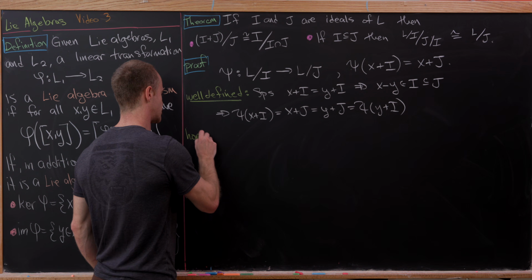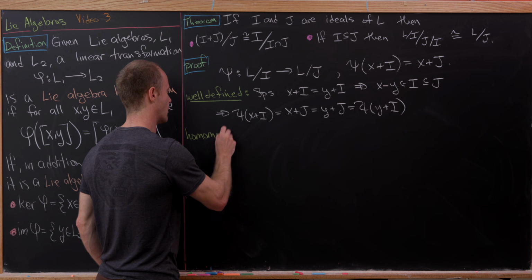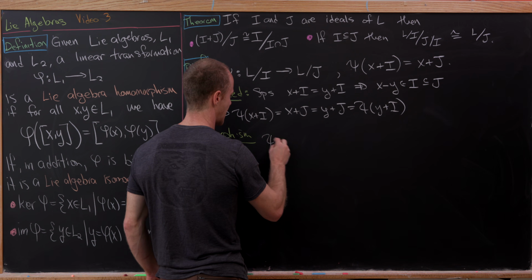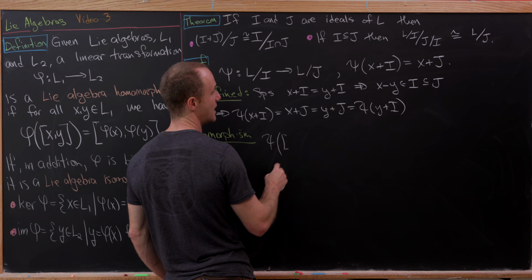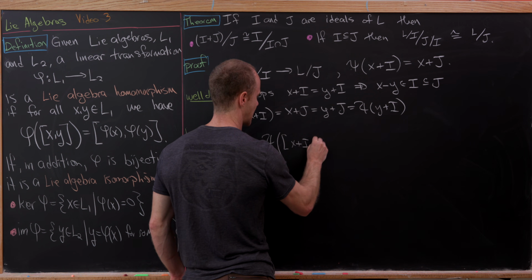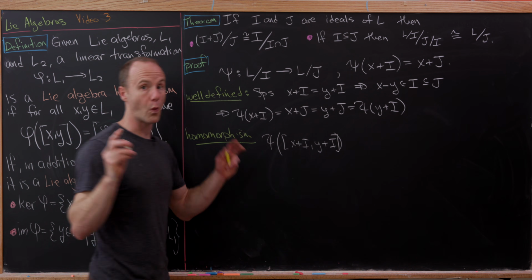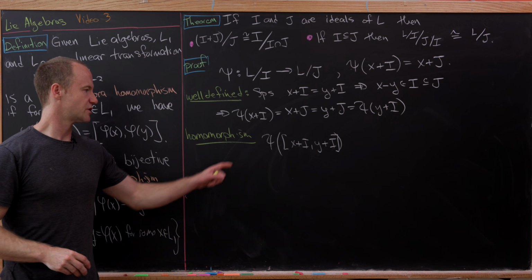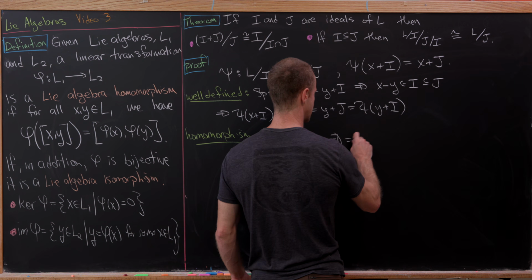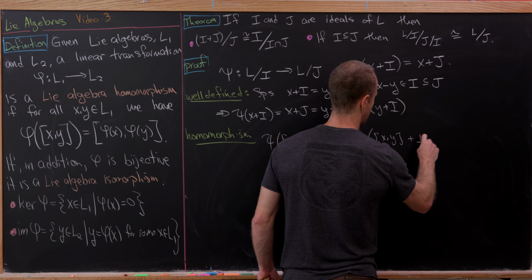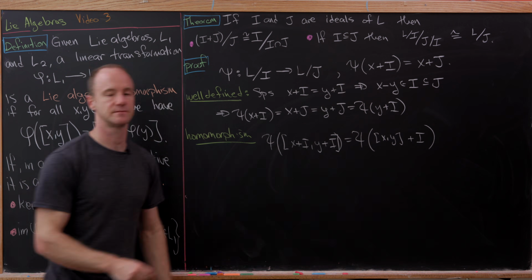So now let's show that we indeed have a homomorphism. So we need to do psi evaluated on the bracket of x plus I with y plus I and show that everything works out. So applying the bracket for the quotient, we see that this is psi of bracket xy plus I. It's that coset.